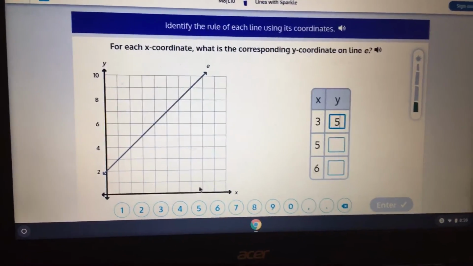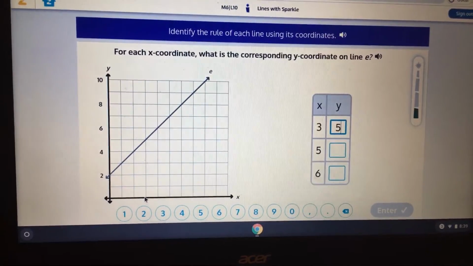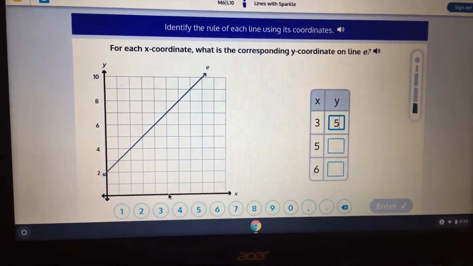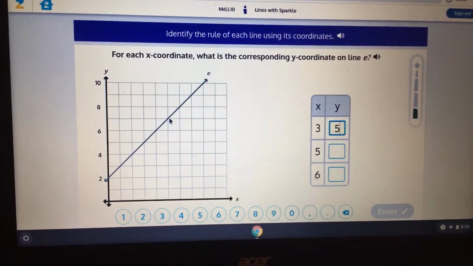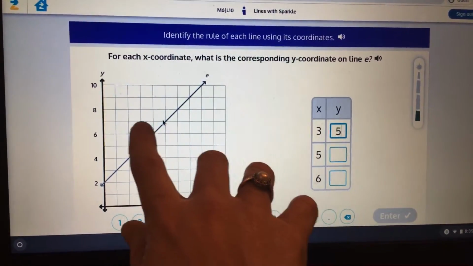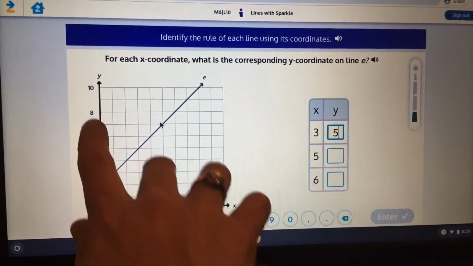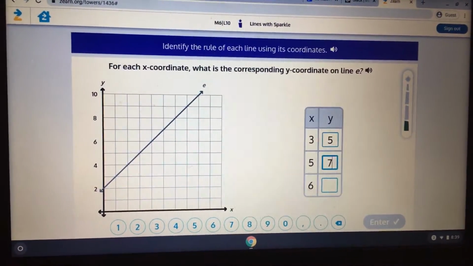Alright, so now I'm coming over here to my 5, so I've got 1, 2, 3, 4, 5 for my x, and I'm coming up to where I meet the line, which is here. If I were to draw a straight line across here, this point falls between 6 and 8. So again, my odd number that falls in there is 7.